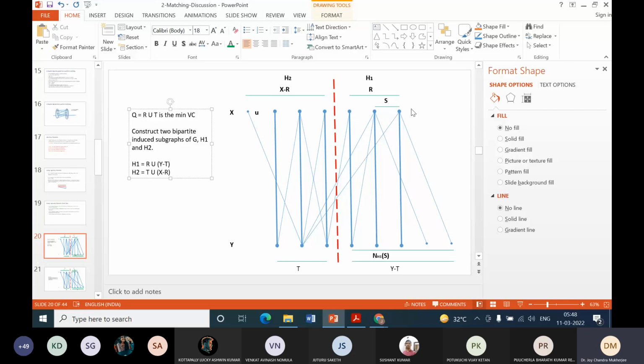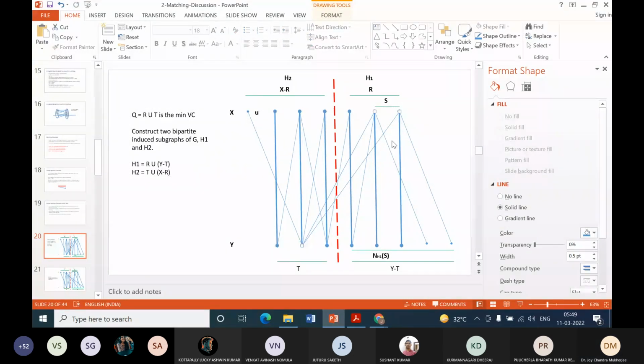So इसके बीच में जितने भी edges हैं, I will take all the edges. So ये subgraph अगर लिखते तो ये subset of edges I can choose. If it is an induced subgraph, I have to take all the edges between R and Y minus T. All the edges. And which edges are excluded? These cross edges are excluded. Like this edge and this edge, they are excluded.